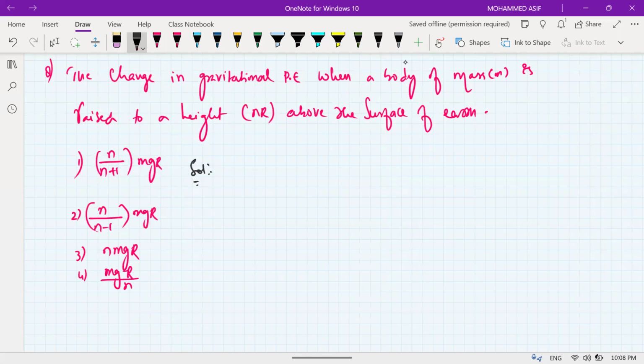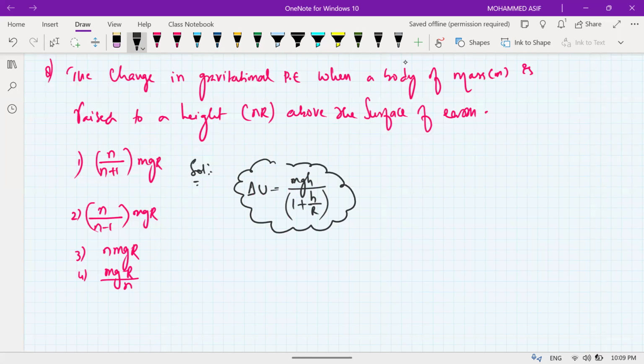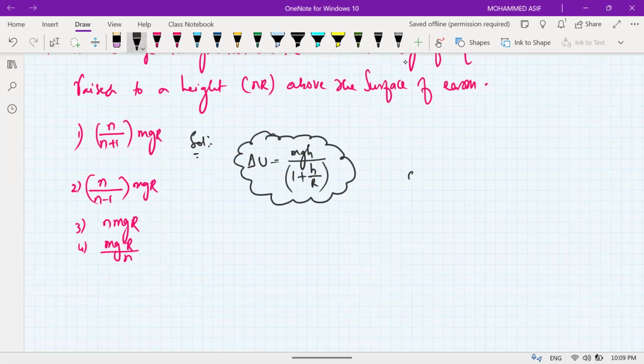So the change in potential energy formula, delta U is equal to mgh divided by 1 plus h by R, a shortcut formula. Am I clear? Then given in the problem, h is equal to n times the radius of the earth.